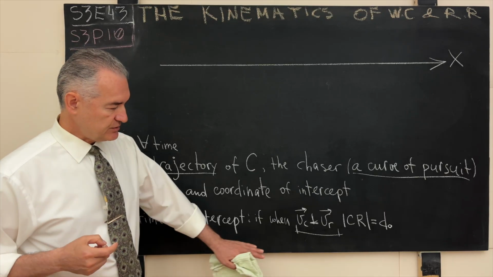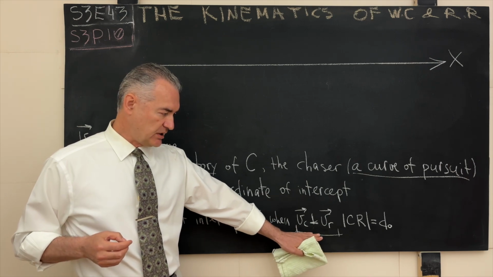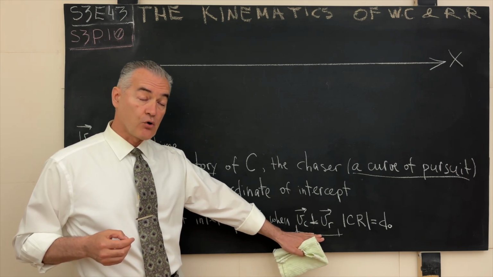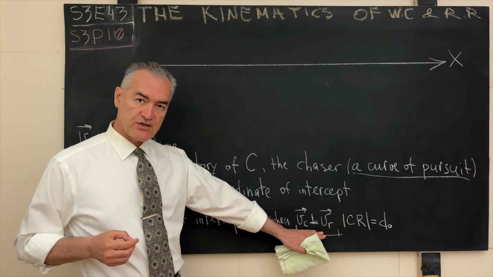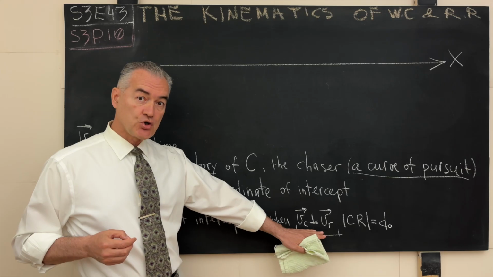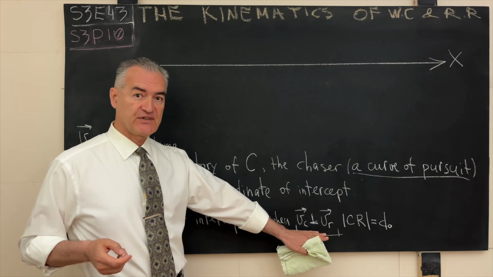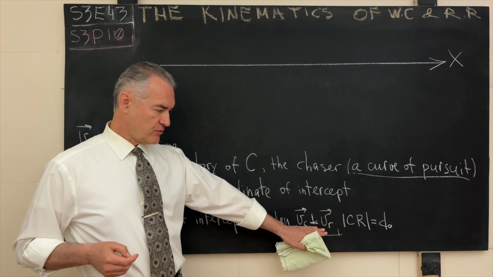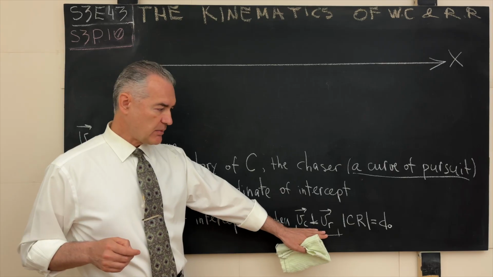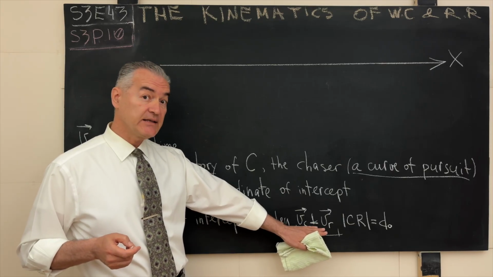Here, the situation is the following. If you're always skeptical, as every hard scientist should be, you should be asking the following question: why must the vectors of the velocities of the runner and the chaser be, or should be, or can be orthogonal with respect to each other to begin with? Says who that it must be so? Well, apparently, the author of this problem statement thought about it, realized what's going on, and gave us this information as a hint.